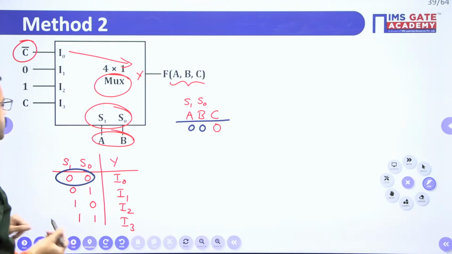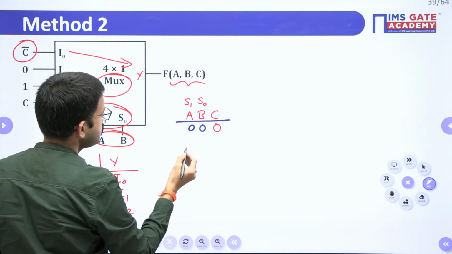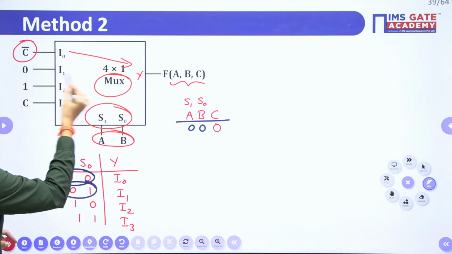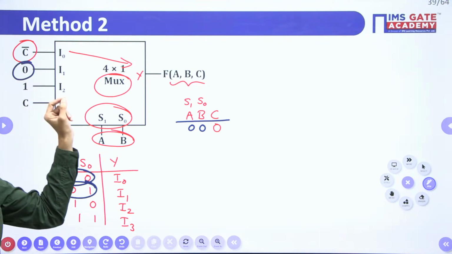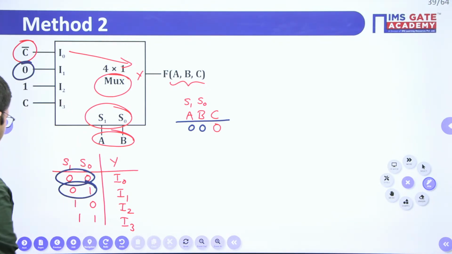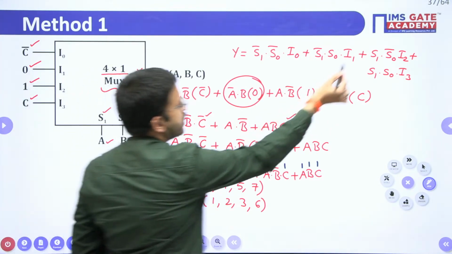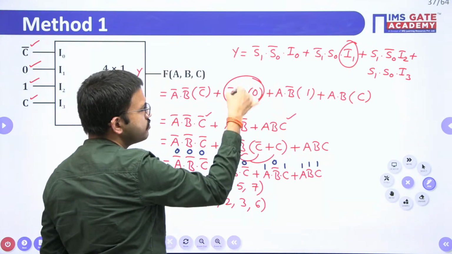Right. Now, the next combination, the 0-1 case. In the 0-1 case, I1 will be connected to the output, but here the I1 value is 0. For easy understanding, just observe here. When you are having the I1 value 0, the overall term you are getting is 0, right?